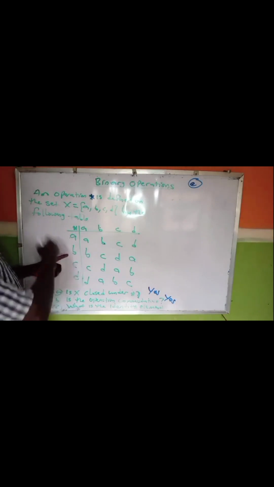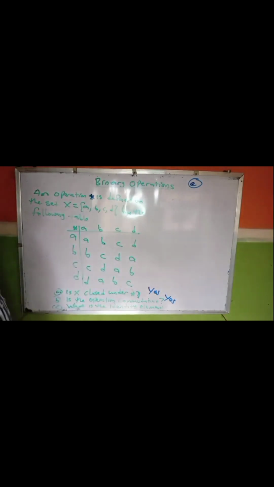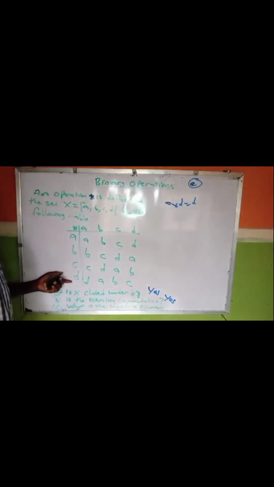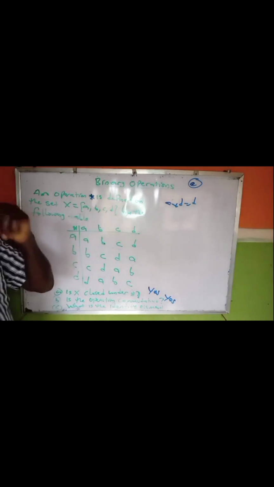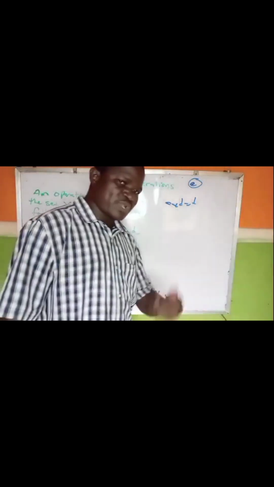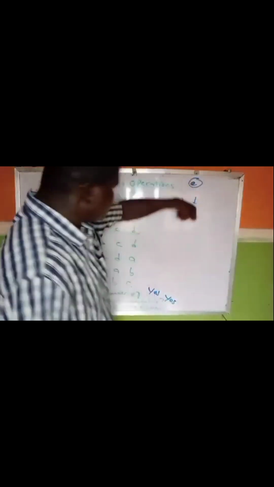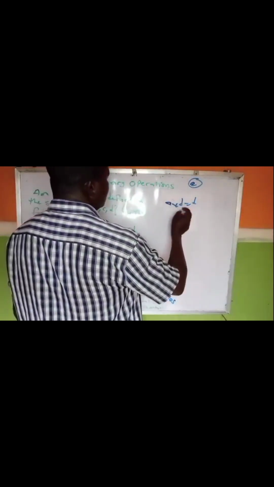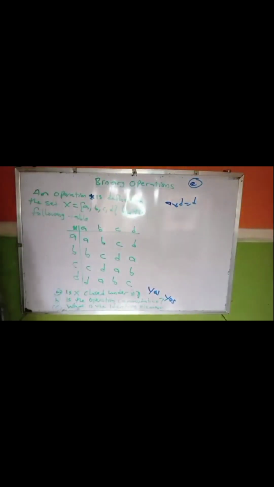Look at this. A times D will give you D. Remember how I define identity element: the element that you multiply by another one that gives you the same element. If you multiply A with D, or D with A, and it gives you D, so that's identity element.